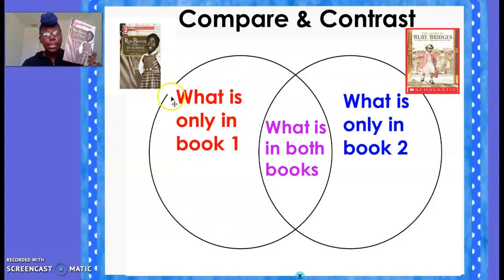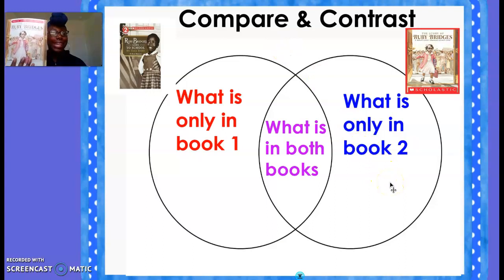And this is what goes on this side of my Venn diagram. And that's what we call contrast. The same on this side, I'm talking about things that are only in the story of Ruby Bridges. So I'm looking for details and important points that are only in this story. I'm contrasting these two stories and I'm seeing what is unique to these two stories.